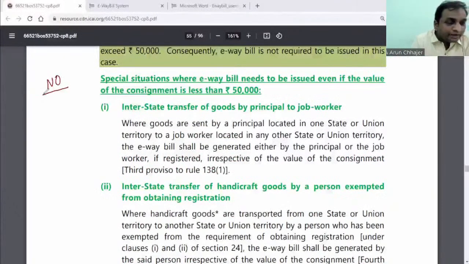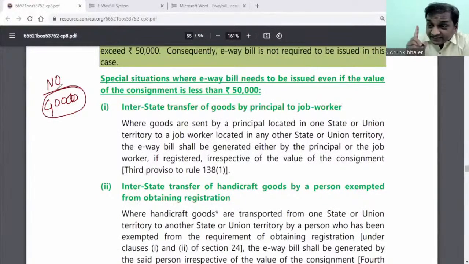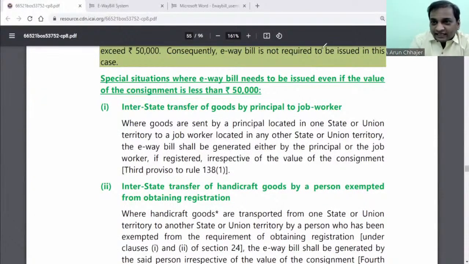Because an Eway bill would be generated only for goods. If there is a movement of the goods, then only an Eway bill would be prepared. Eway bill can be for the supply, other than supply, and due to inward supply from an unregistered person.